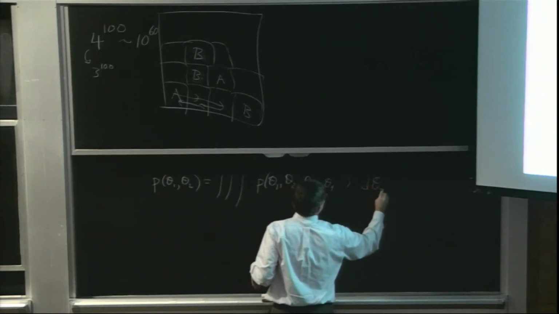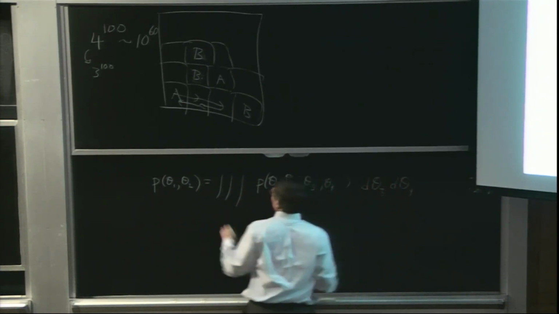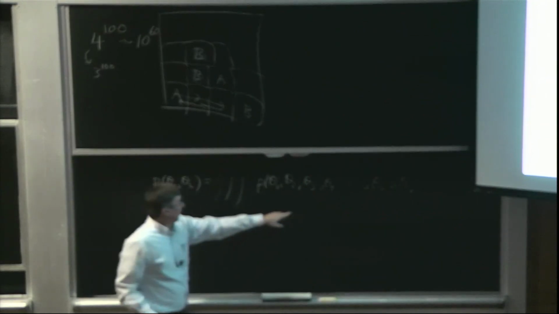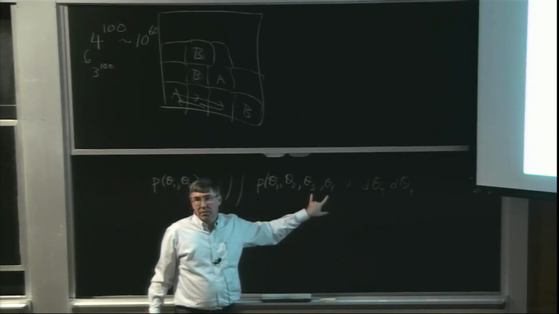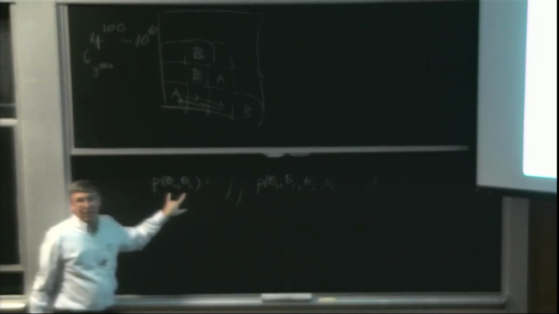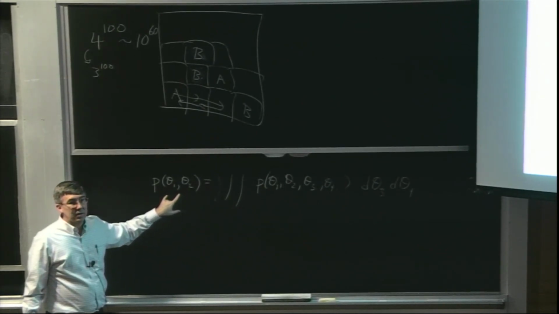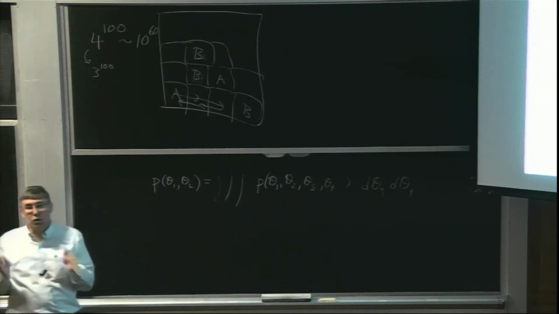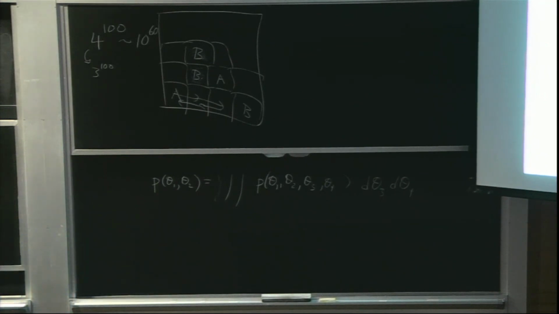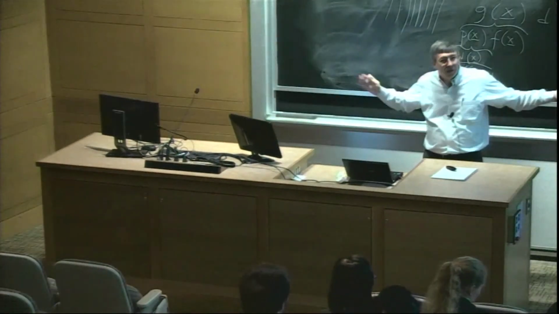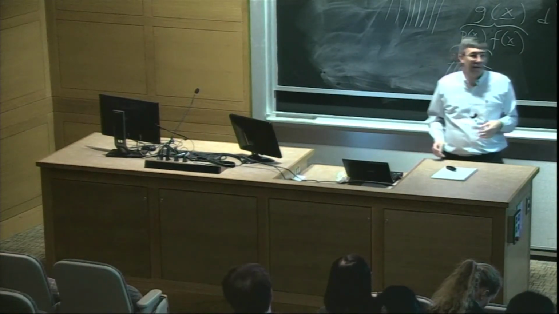I can do d theta 3, d theta 4. This is like integrating out these degrees of freedom to get the probability density that I want. So if you have some case where all you care about is the variance of something, and you don't care about all the rest, you can integrate them out. That's a very handy trick to do.